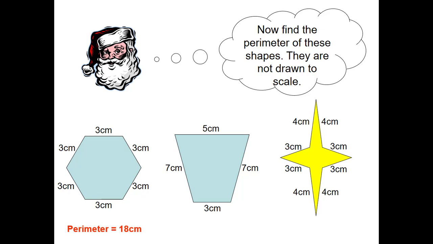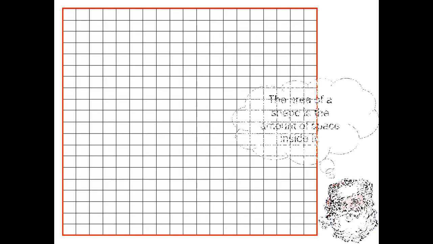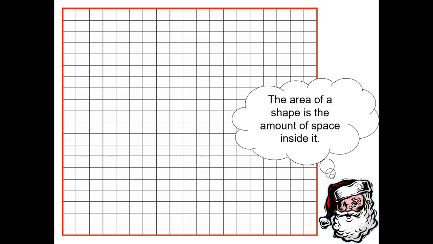And for the next one, the trapezium, you can add 7 and 3, that is 10, plus 7, 17, plus 5, and you end up getting the answer as 22 centimeters. For the star, the perimeter is 28 centimeters. Did you get them correct? I pray you did.